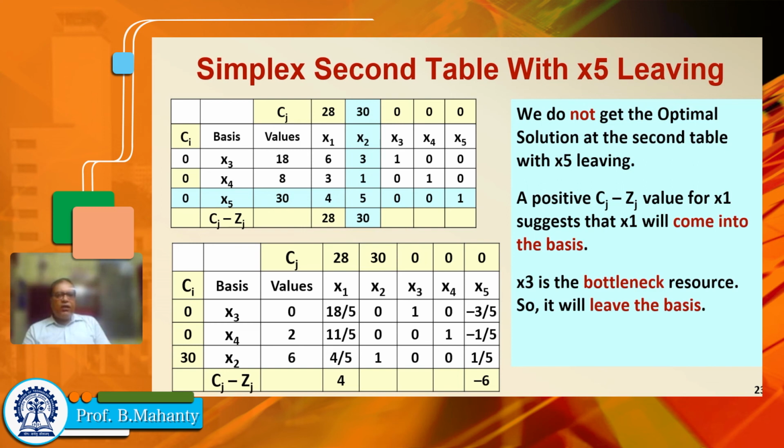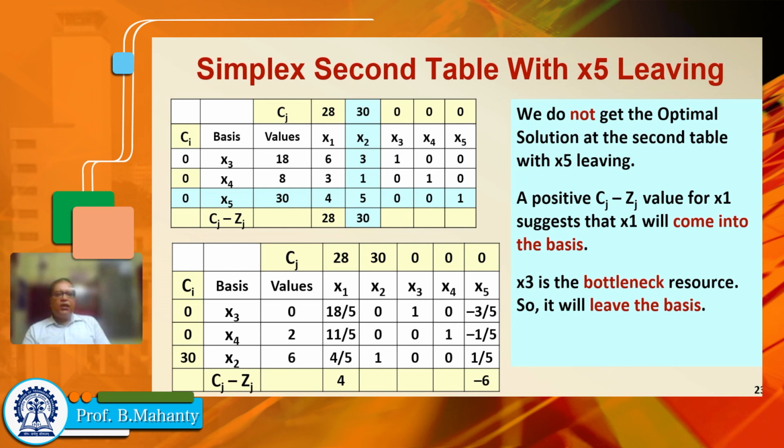And the key column x2 should be transformed to 0, 0, 1. Then between x3, x4 and x2 there should be canonical form, so 1 0 0, 0 1 0 and 0 0 1. So the canonical form is also written. And thereafter the remaining elements can be calculated.